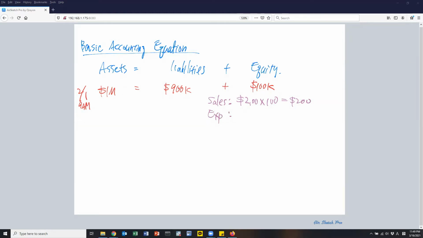Usually it is said that in a small business, you need to have 40% or less of the expense to sales ratio. Let's assume that the total expense to make a cup of coffee is 40% of $2, which is 80 cents.